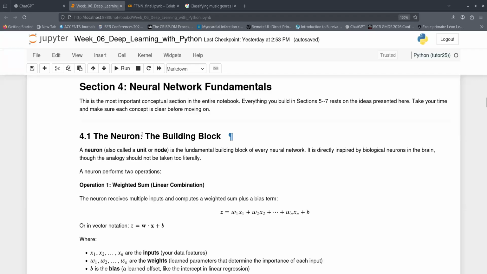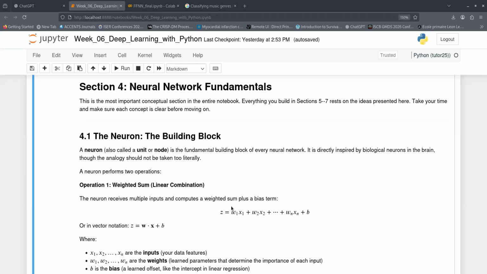That's why we use the term neural networks, because we have an operation that we call the weighted sum, or the linear combination. Even in the brain, a neuron receives multiple inputs and computes a weighted sum plus a bias term.